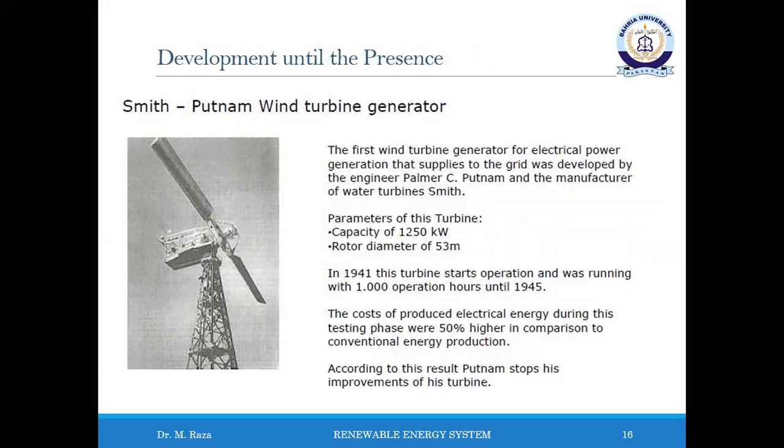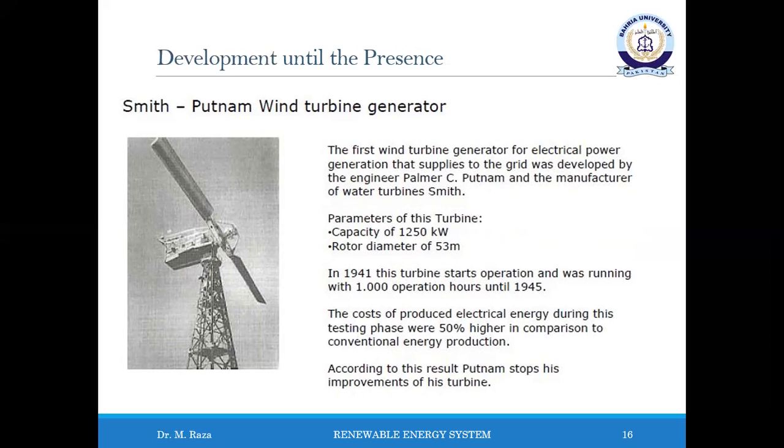The first wind turbine generator for electrical power generation that supplies to the grid was developed by the engineer Palmer C. Putnam, and the manufacturer of the wind turbine is Smith. The turbine has the capacity of 1250 kilowatt with the rotor diameter of 53 meter.